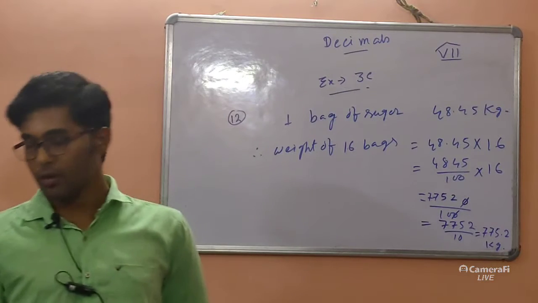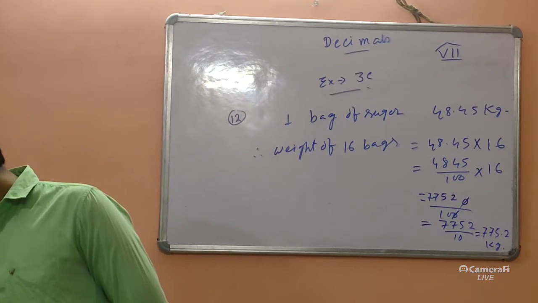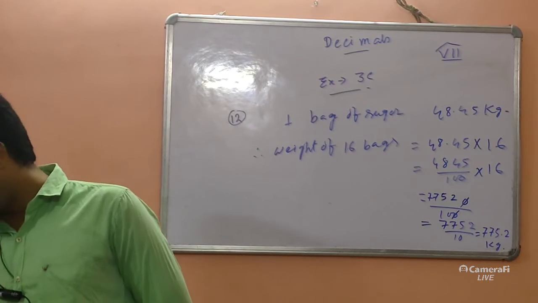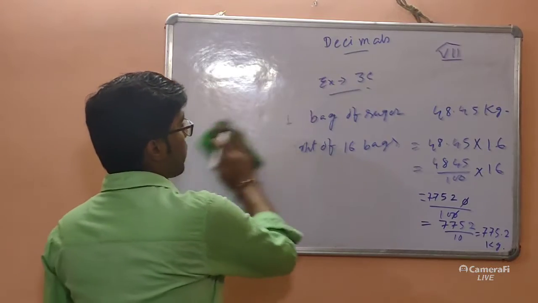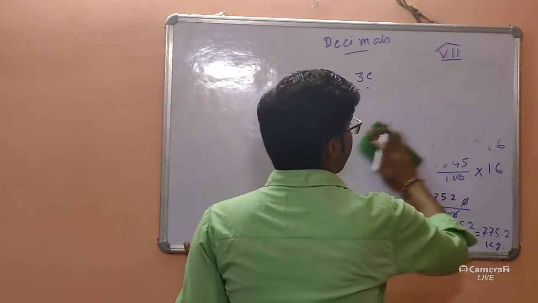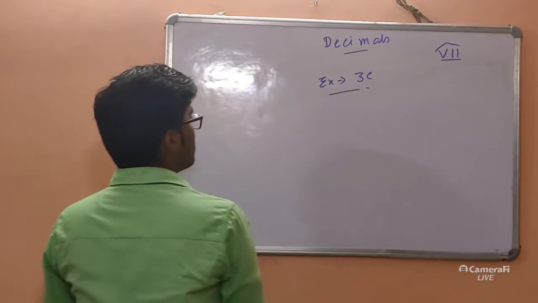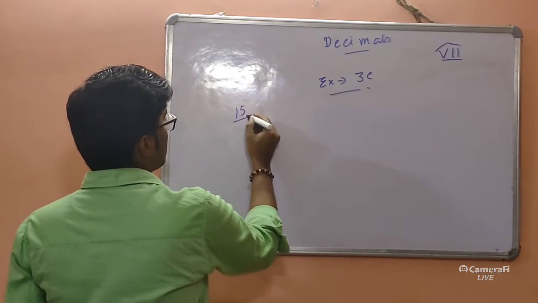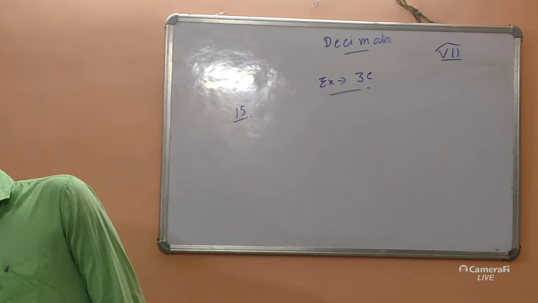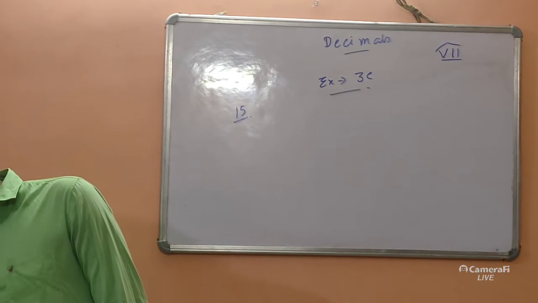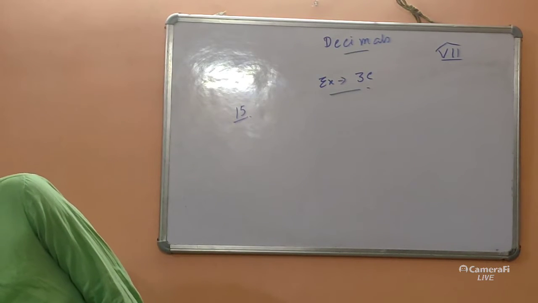Question number 12 done. Let us see question number 15 then. Question number 15 says if one drum can hold 16.85 liters, how many liters can 48 such drums hold?